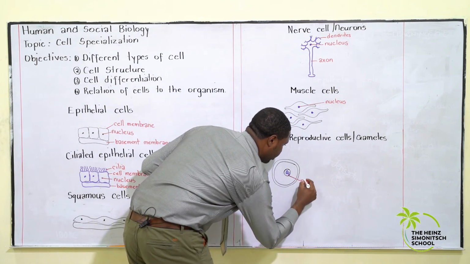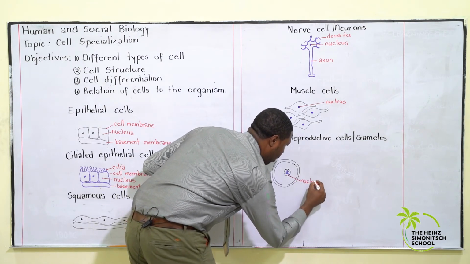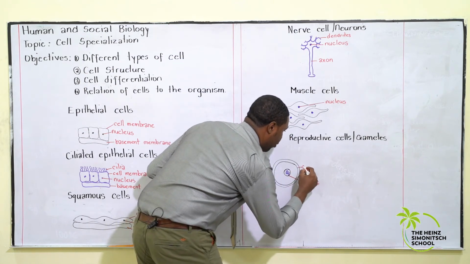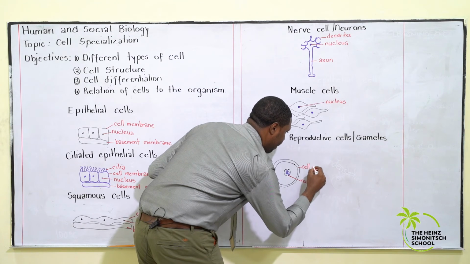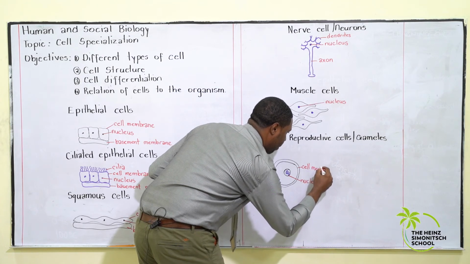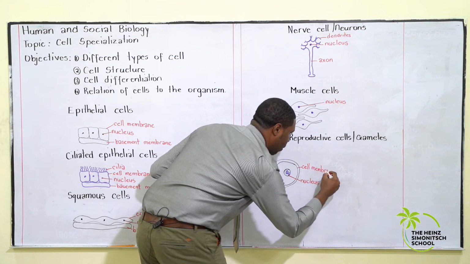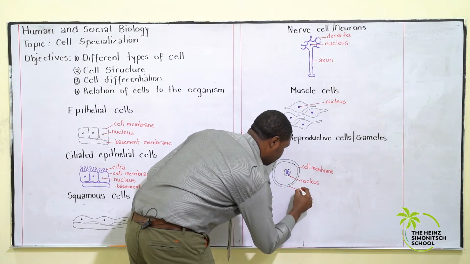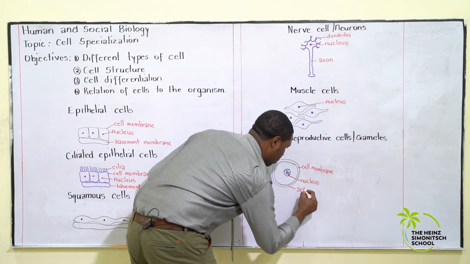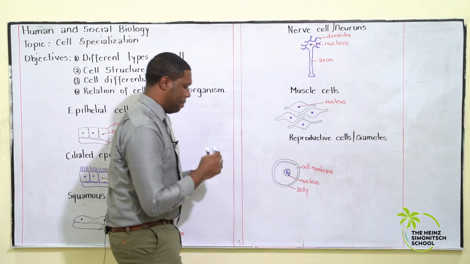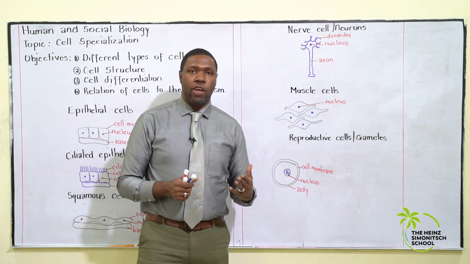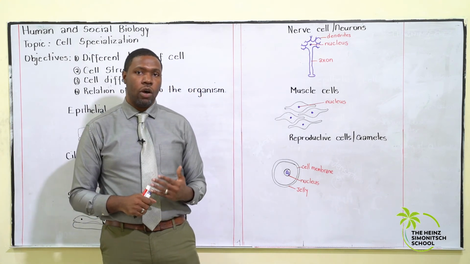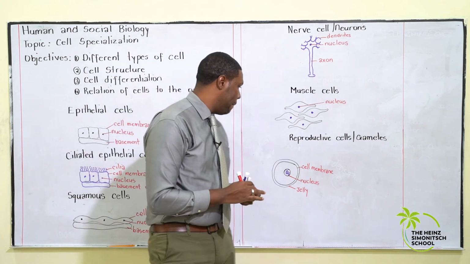The nucleus, we have the cell membrane, and the jelly coat. And there you have it, students, a simple drawing of the female sex cell, also known as the ovum.